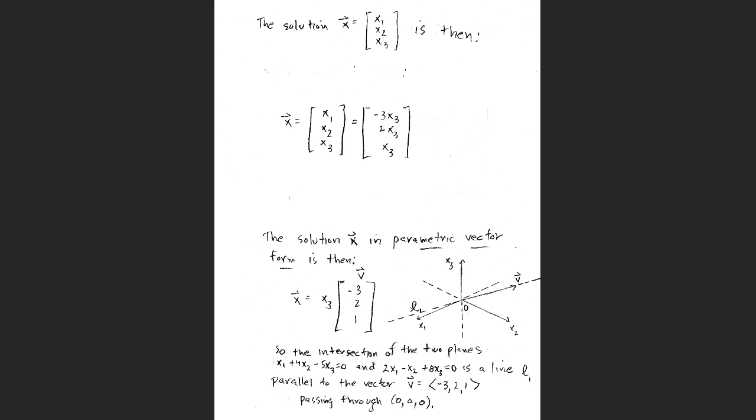Okay, here I know x1, x2, and x3 is my solution. x1 equals -3x3, x2 equals 2x3, and x3 is just itself because x3 is a free variable. So the vector solution x, which is equal to x1, x2, x3, can be written this way based on my solution.